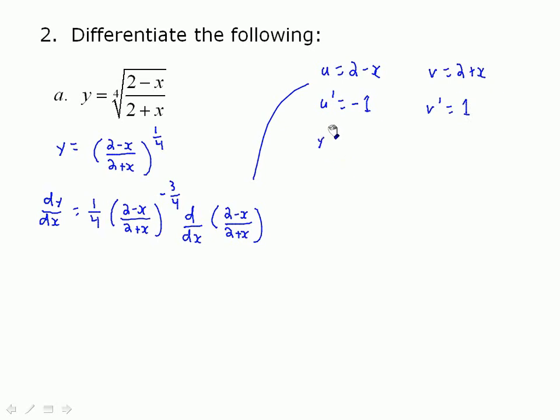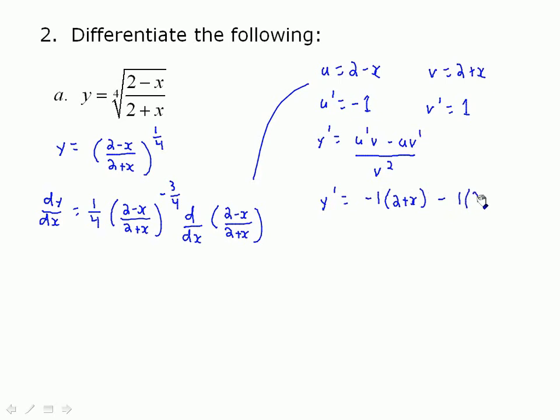So therefore, y prime is equal to u prime v minus u v prime over v squared. So y prime is equal to negative 1 times v, 2 plus x, minus u, which is 2 minus x times v prime.